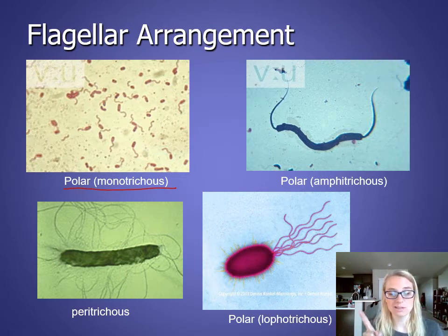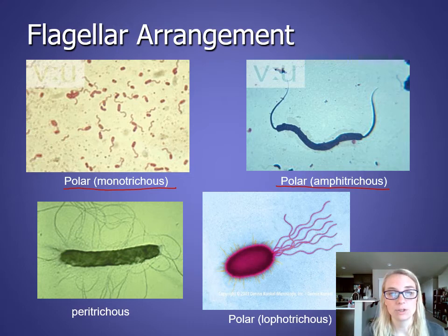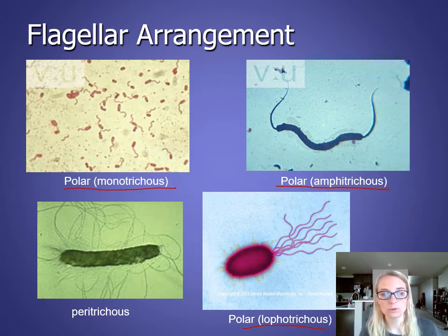It's just one flagellum sticking off one end of a bacterium. We have polar amphitrichous. Amphitrichous is just a single flagellum coming off of each end of the organism. And then we have polar lophotrichous, which is a little tuft of flagella coming off of one end. So whether it's monotrichous, amphitrichous, or lophotrichous, all of them are considered polar because the flagella are coming off of one or both sides.